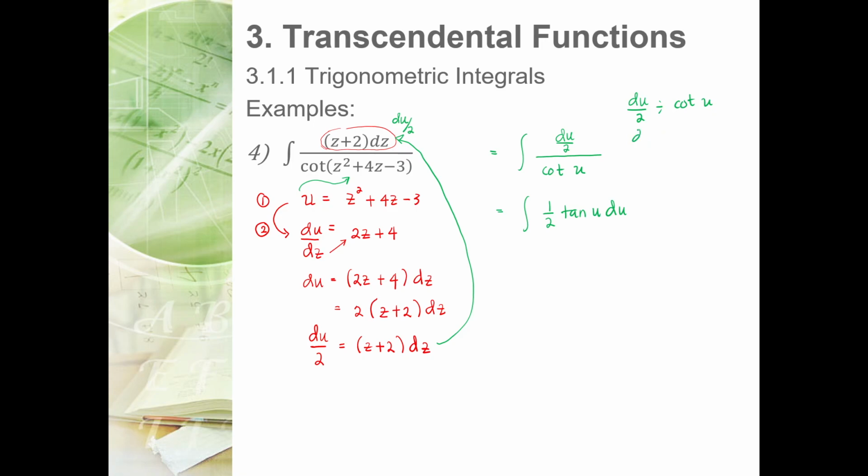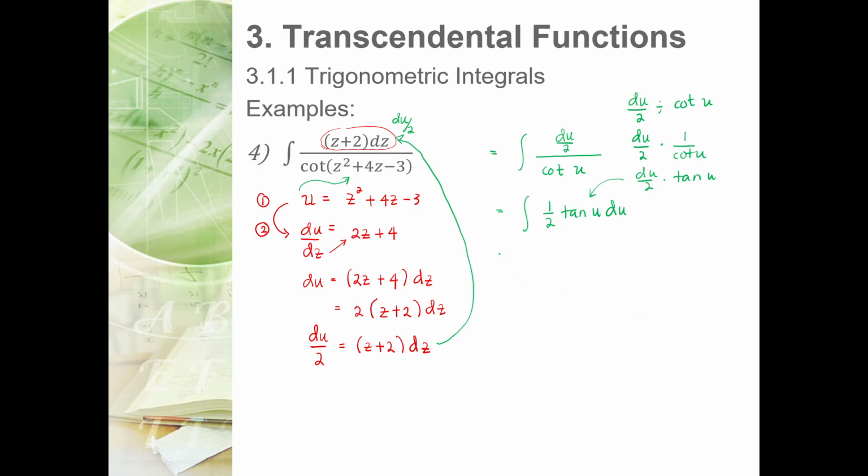And then the reverse of it, which is multiplication, that is 1 over cotangent u, right? And we know by fact that 1 over cotangent u is tangent, right? So this becomes du over 2 times tangent u. So that comes first. Alright?